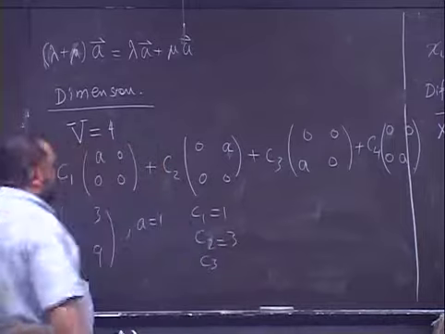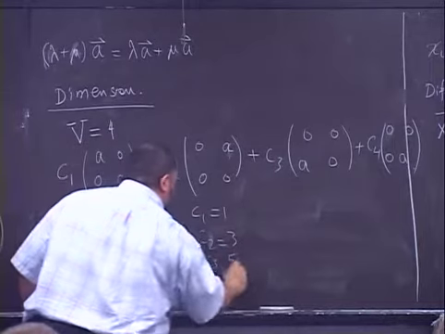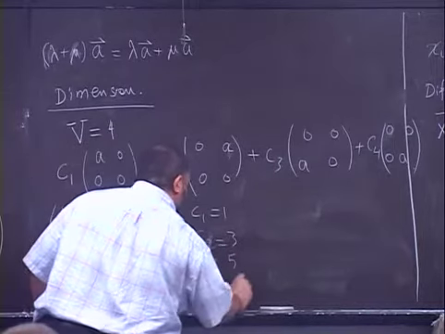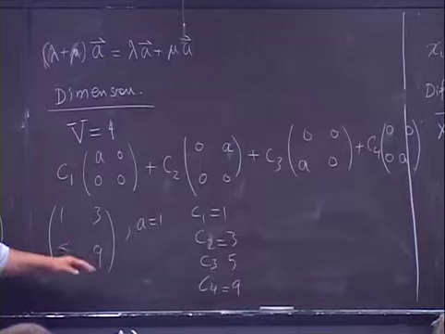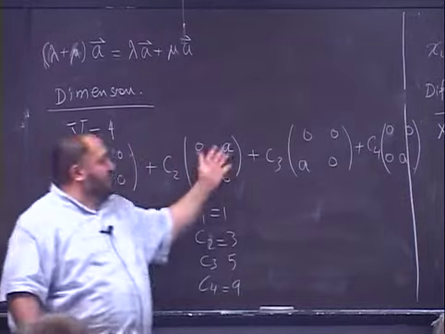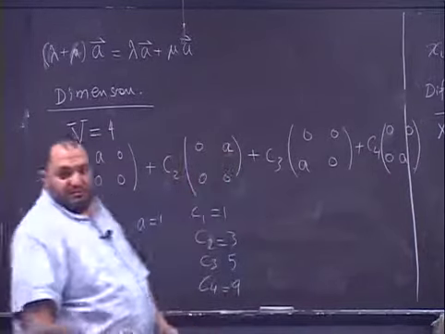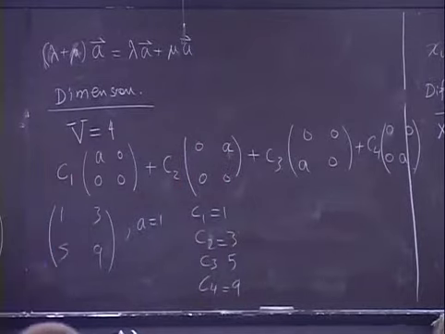C3? 5. C4 is 9. Yes? So you can form any matrix by just using the 4 bases of the 4-dimensional vector space here. So did you understand this example?